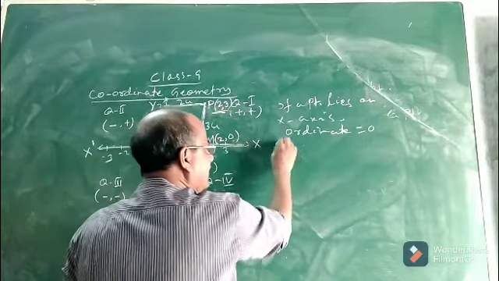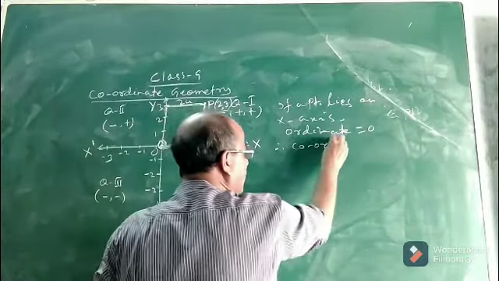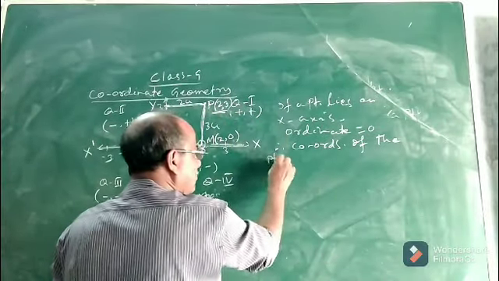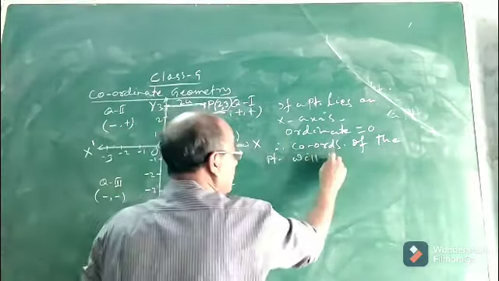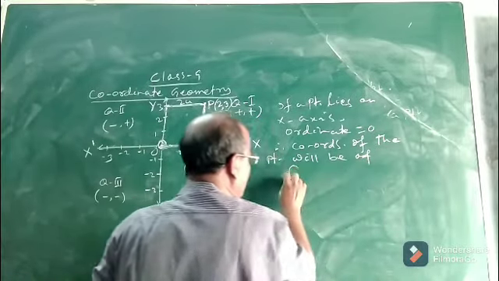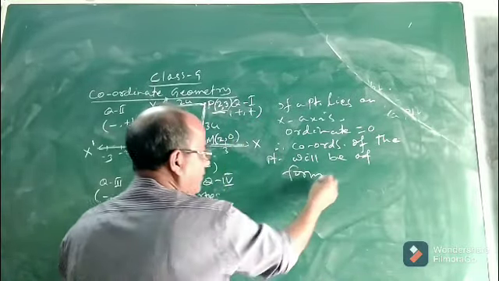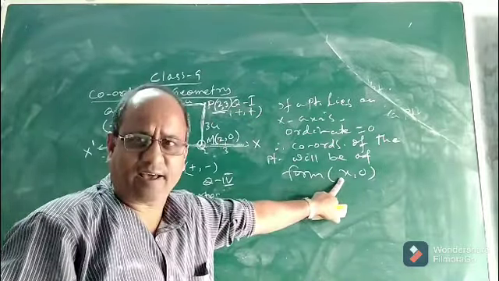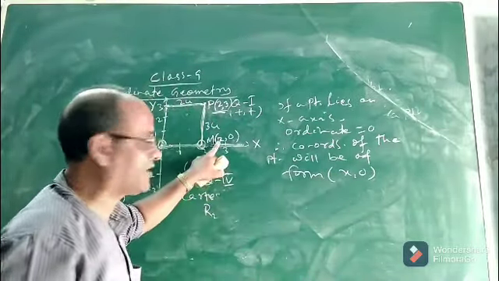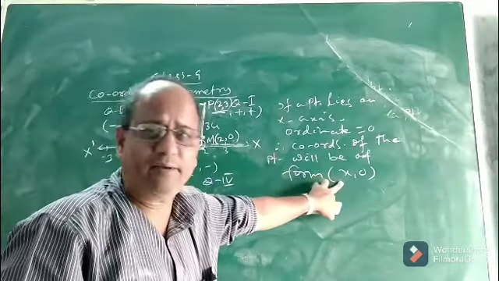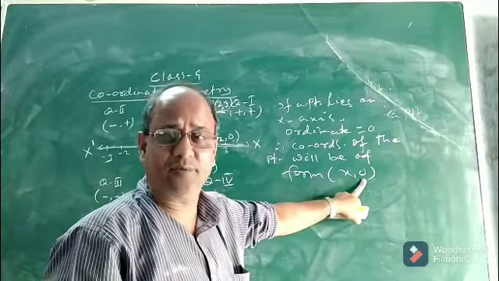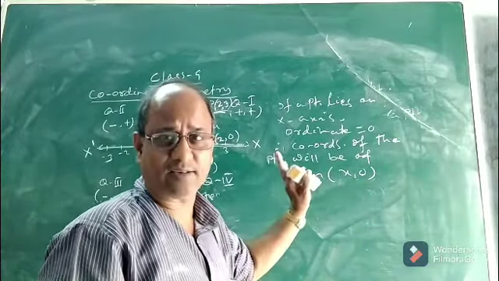The coordinates of the point will be of the form x, 0, where x is any real number. This x can take any value. Here it has taken the value 2. But the y coordinate, that is the ordinate, will be 0 because it is lying on the x-axis.